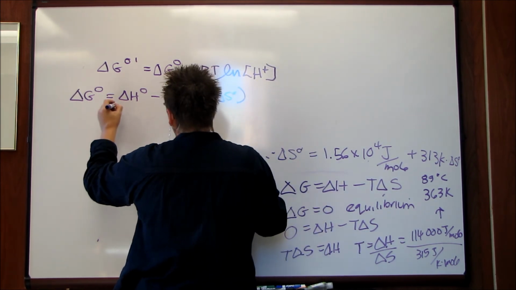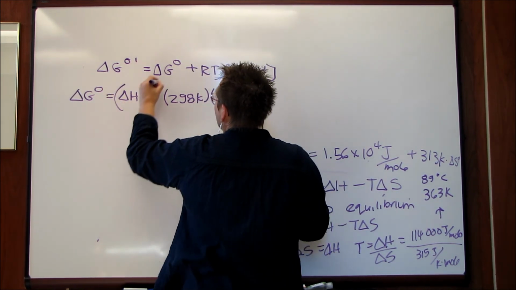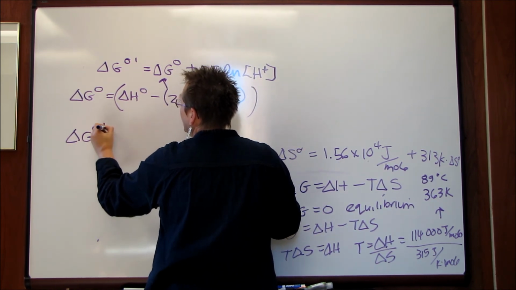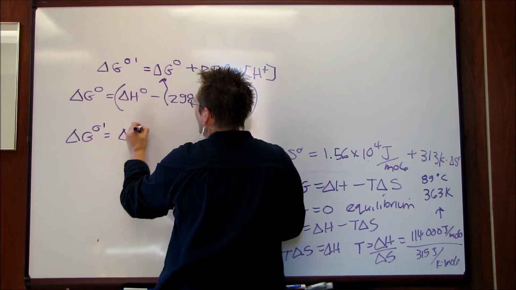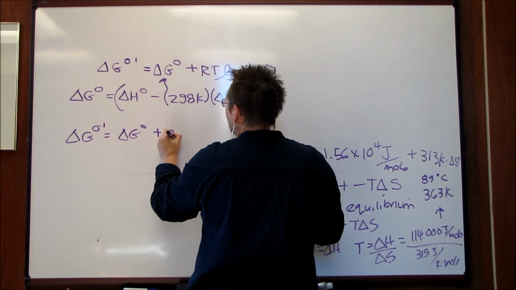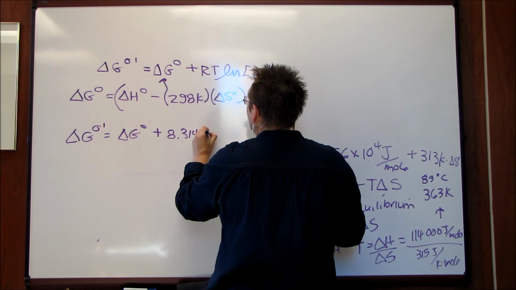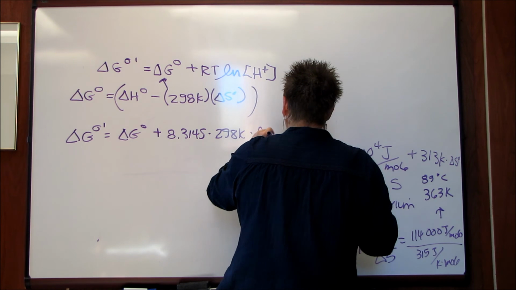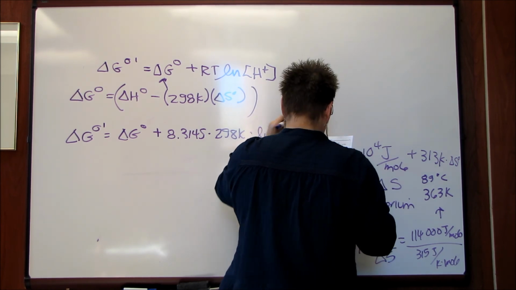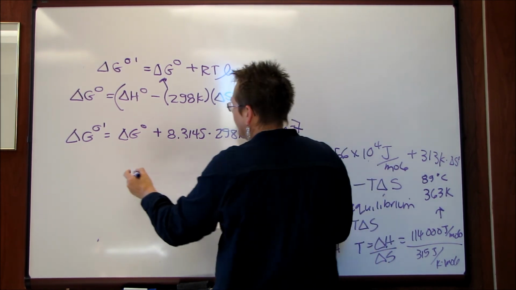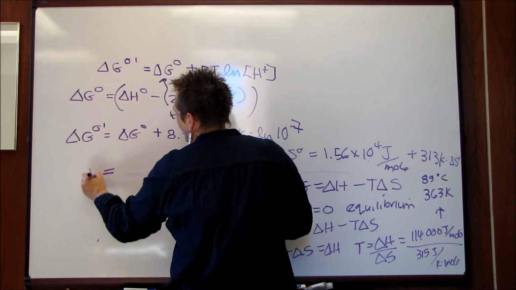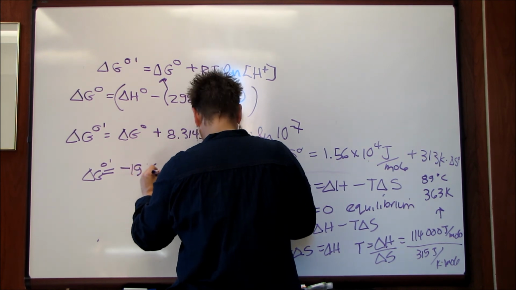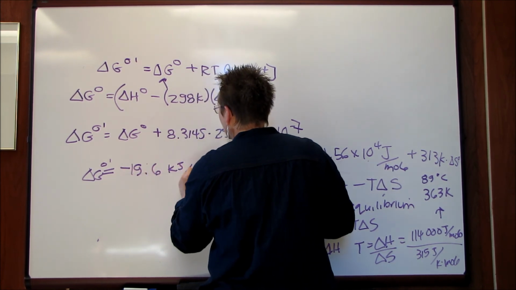So when you figure this out, delta G naught, you substitute in here, and delta G naught prime would then be equal to the delta G naught we just figured out, plus R times the temperature, 298 Kelvin, times the ln of 10 to the minus 7. Okay? And that gives us a value when you figure it all out of negative 19.6 kilojoules per mole.